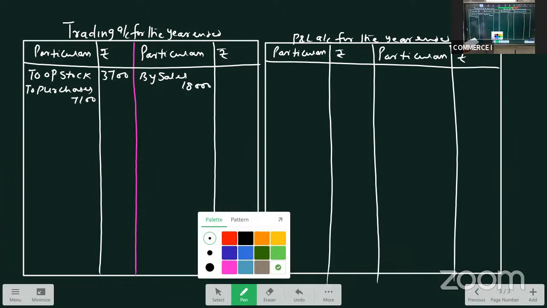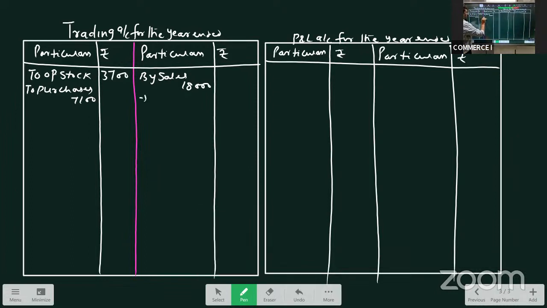So what is given? Returns inward, that is sales return, 250. 17,750. Then return outwards are given. Return outwards means purchase returns.